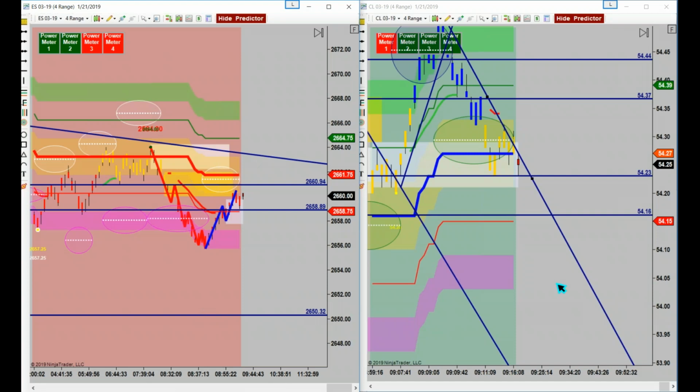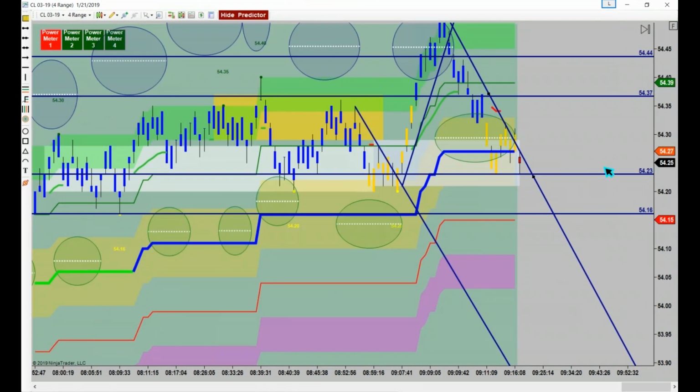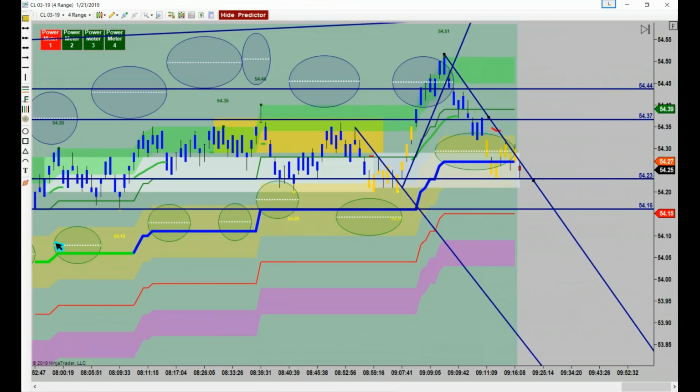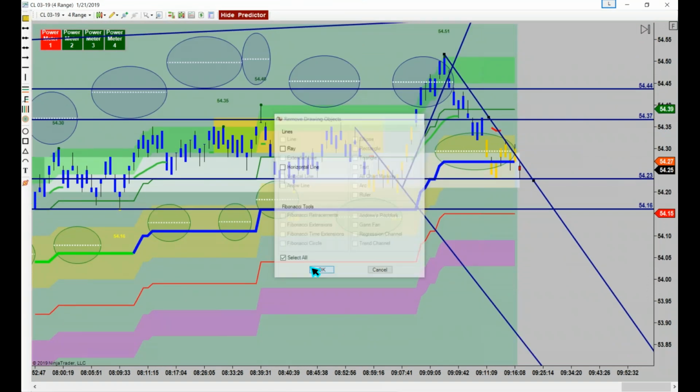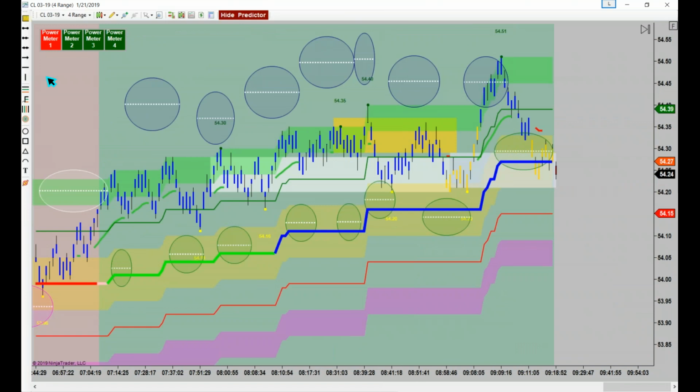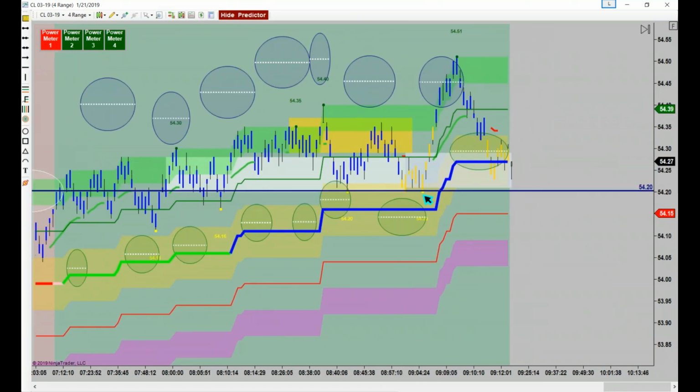Let's draw on oil to give an example. Let's see where it's checked so far. I'll get rid of all the lines and we'll just start from scratch. All right, notice you had a support area right here. This is a higher low so far, so they want to take it up, but this needs to hold.